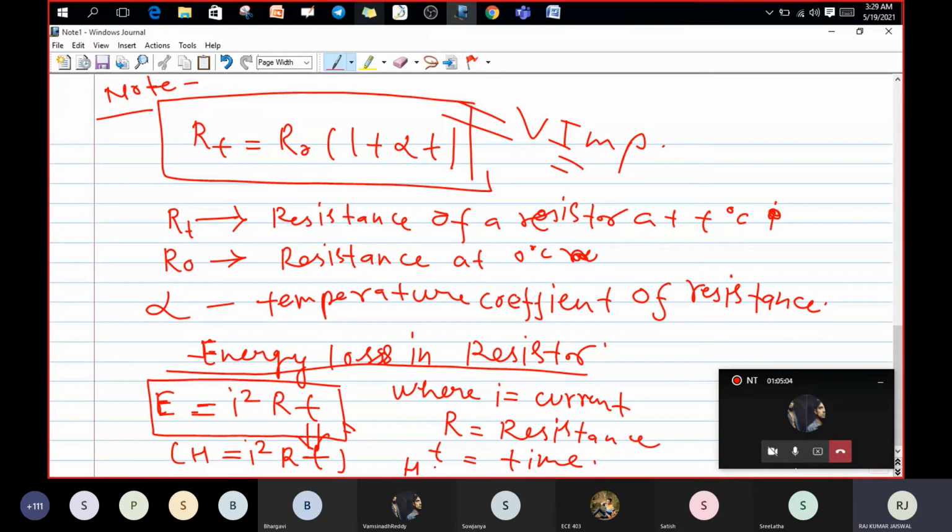Energy loss in a resistor, or heat, you could write E equals I square RT. Otherwise, you could write H equals I square RT. Is it clear?